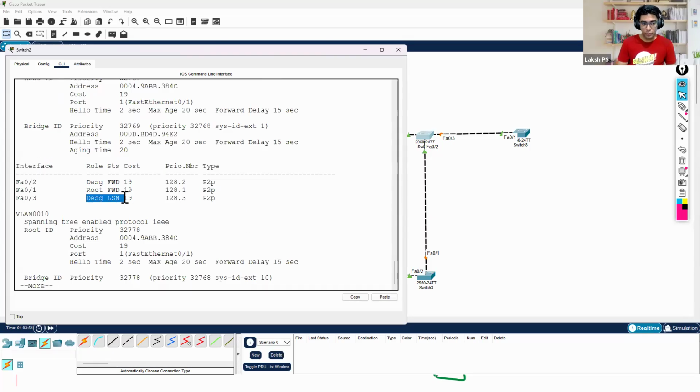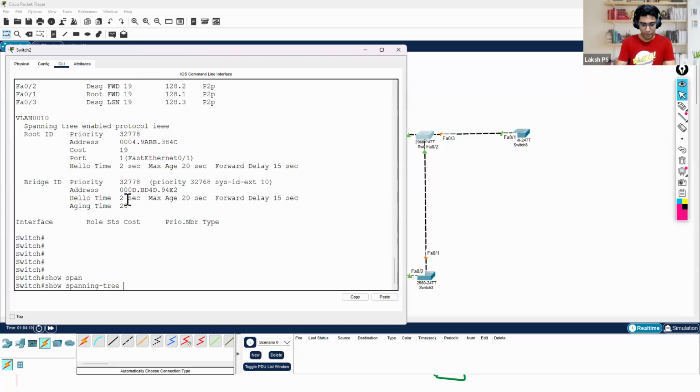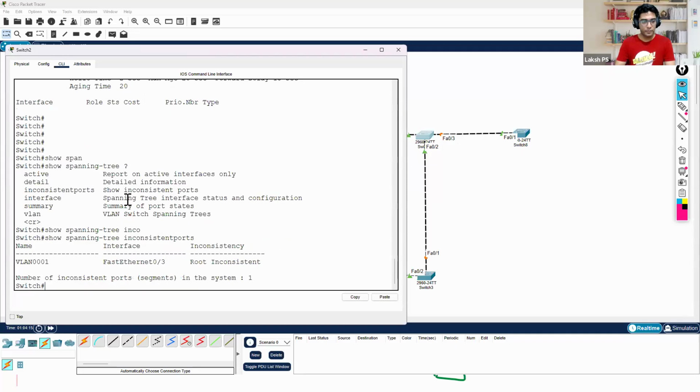You can see it's in the listening state. Though the role is designated, it is in the listening state. It has not gone to the forwarding state. And if we show spanning tree inconsistent, you can see FastEthernet 0/3 is root inconsistent.